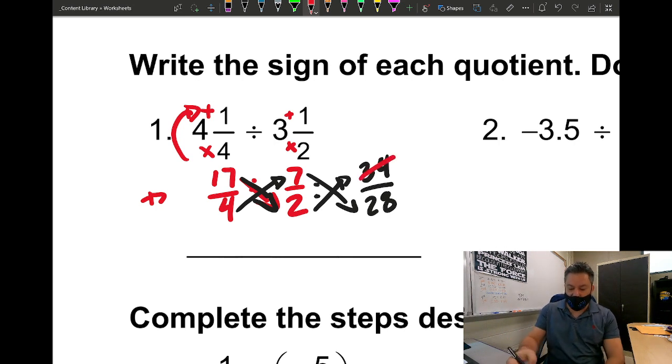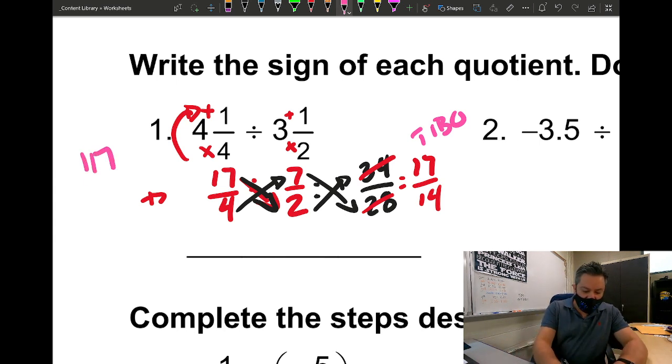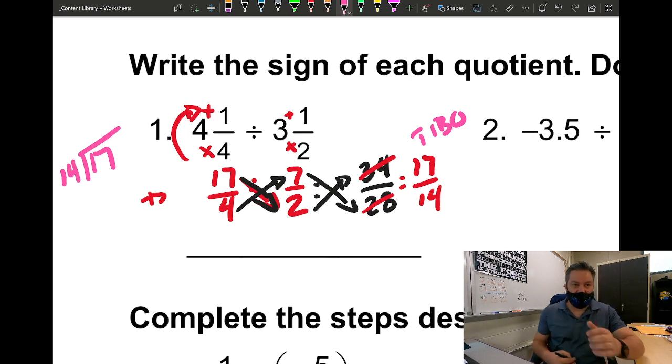Half of 34 is 17. Half of 28 is 14. Now, I can do TIVO. Top in, bottom out, just like when we did. These are the steps that we already know how to do, right? So 17 inside, 14 outside. How many times does 14 go into 17? 1 time. 1 times 14 is 14.